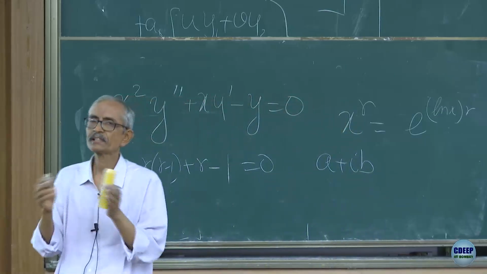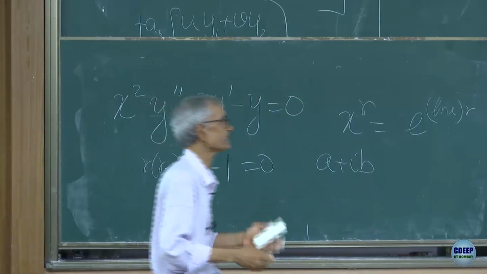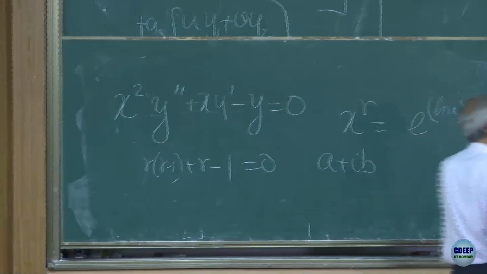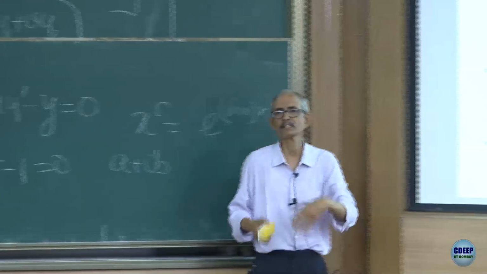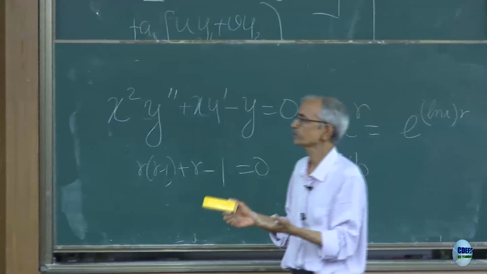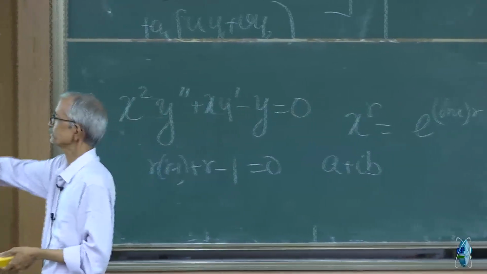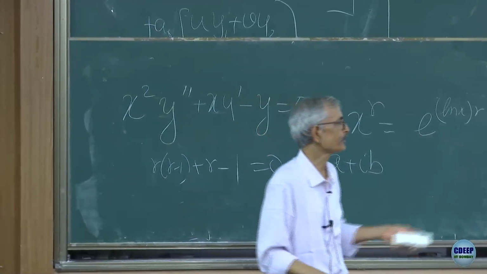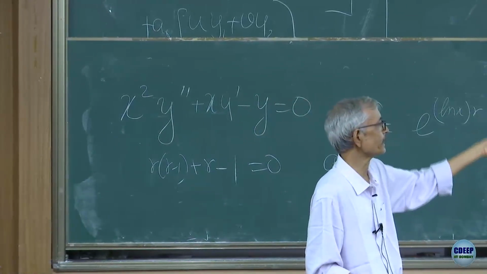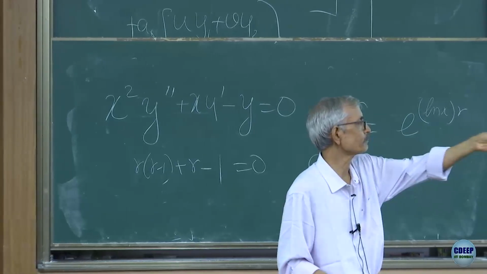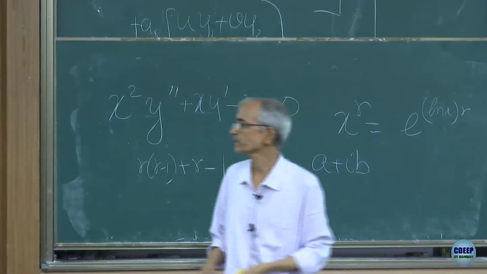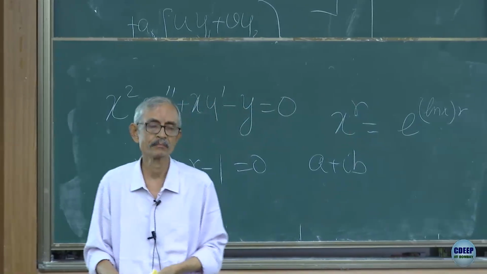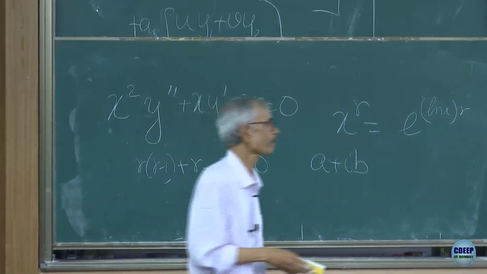So I would like to write it in terms of cosines and sines, and you can go ahead and see the same thing that we did in the past. I don't want to do that again now. You can do the same methodology, and you are going to get y equals x to the power a times c1 cos(b log x) plus c2 sin(b log x).